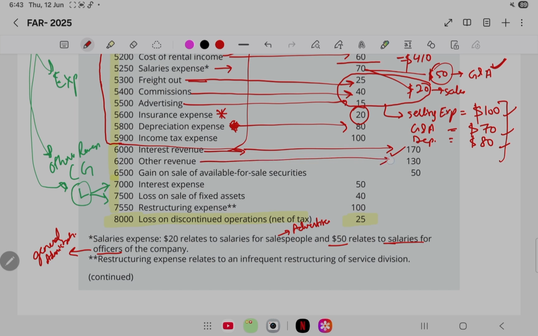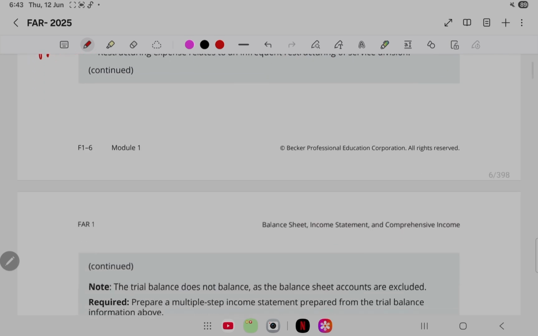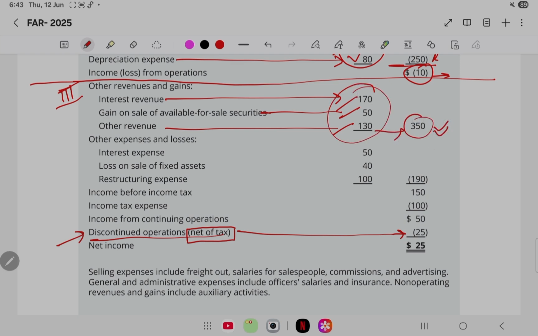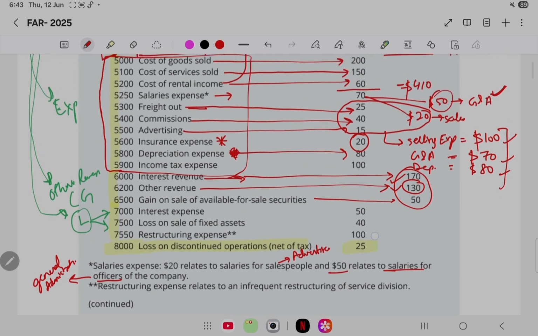Other revenue is also non-operating, 130, plus gain from the sale of available for sale securities, 50. All three items will need to be added: other income, gain on sale of securities, interest income. Right, this is the non-operating income. Income comes at 350.